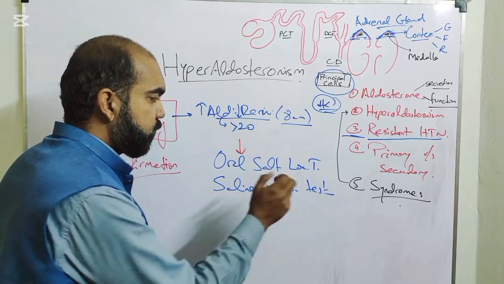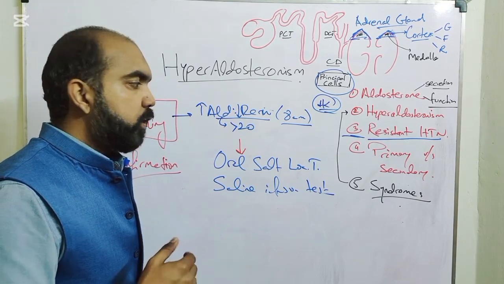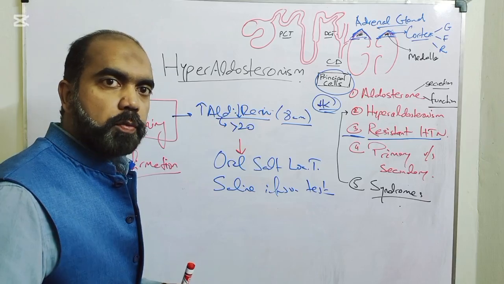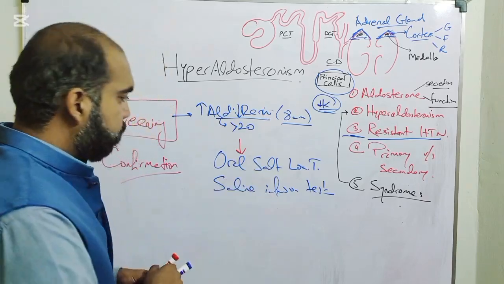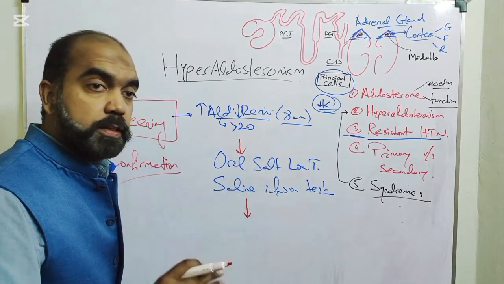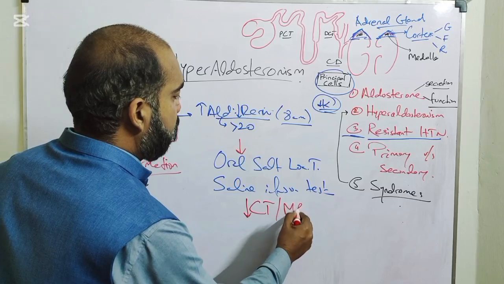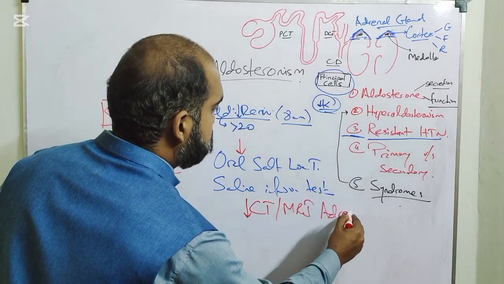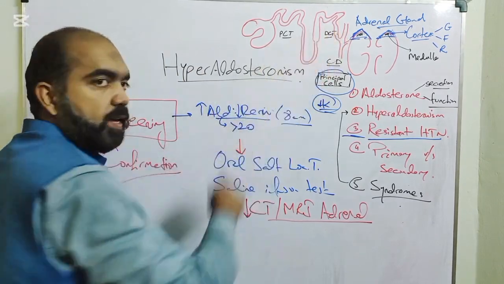In the saline infusion test, you just give 2 liters of normal saline, and usually after around 4 hours, we check the levels of aldosterone inside the blood. If these tests are positive, primary hyperaldosteronism is confirmed, and then we do a CT or MRI of the adrenal glands, because now we know the primary defect is inside the adrenal glands.